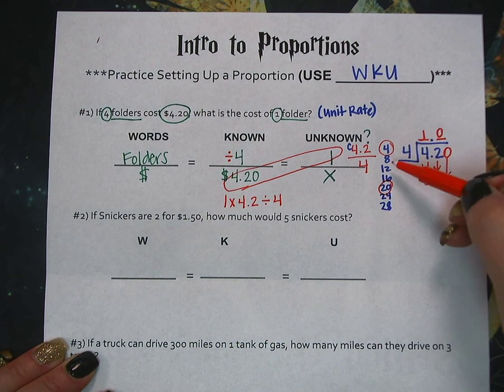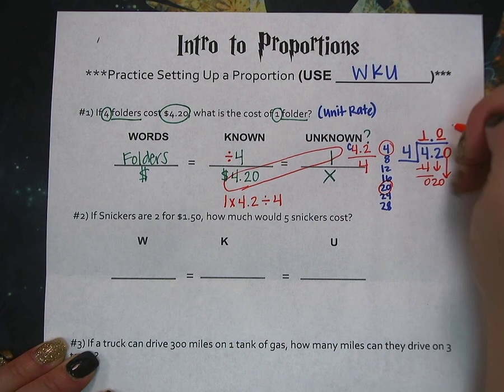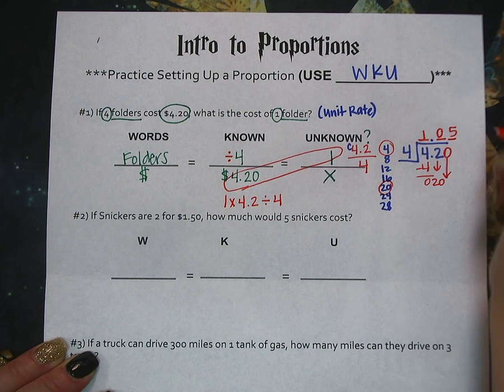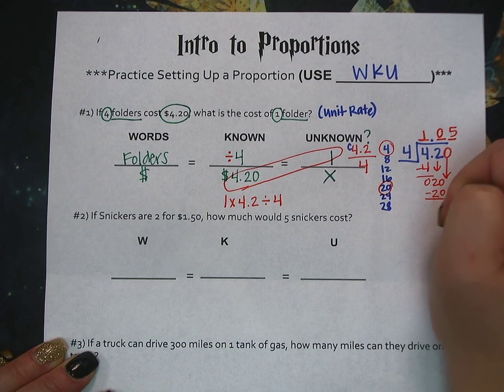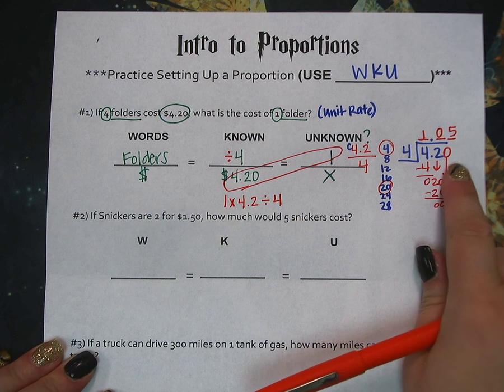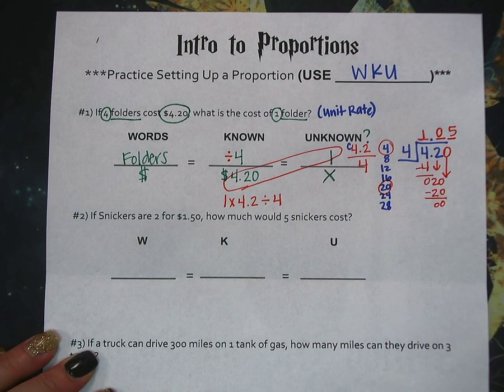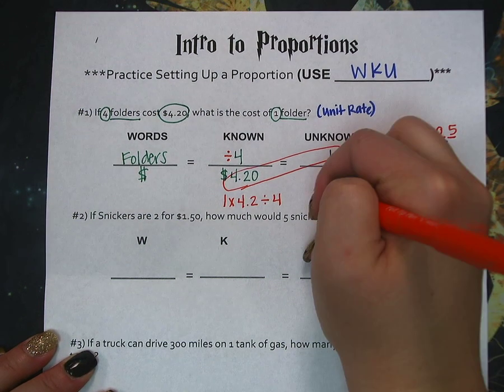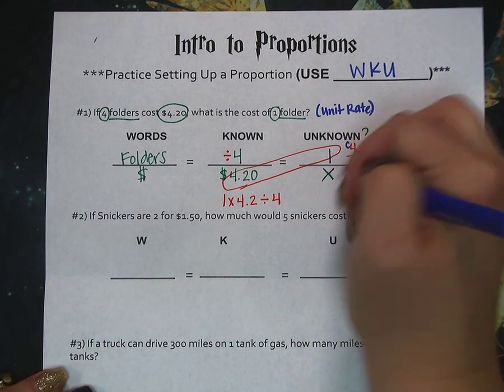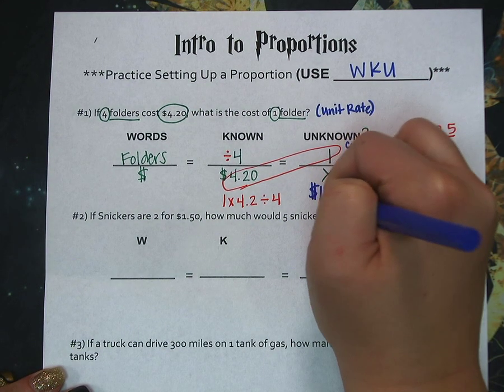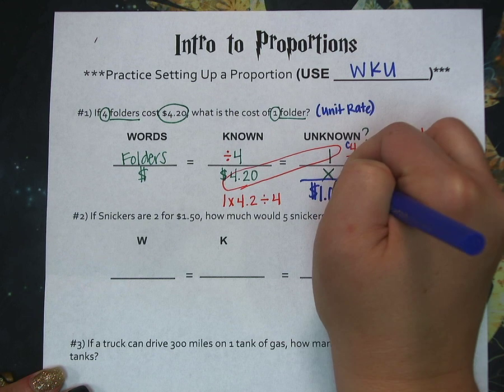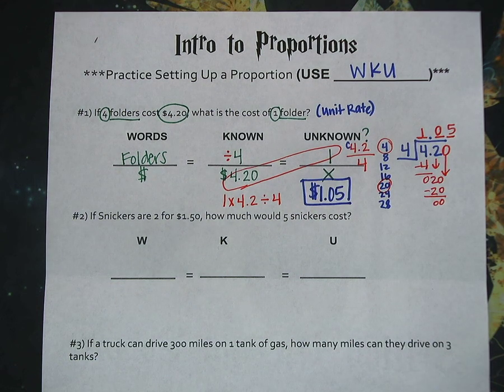Yes, 1, 2, 3, 4, 5 times, and I zero out. So what was the cost of one folder? One folder would be $1.05. Okay, and that is proportions with no percents.